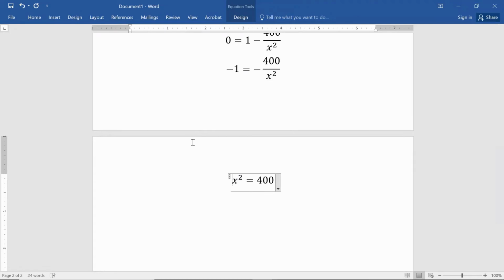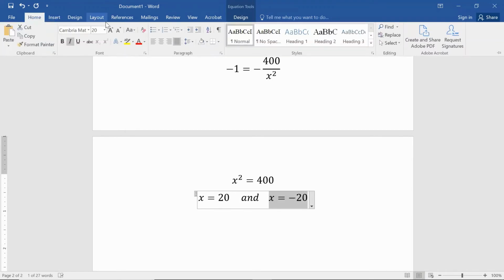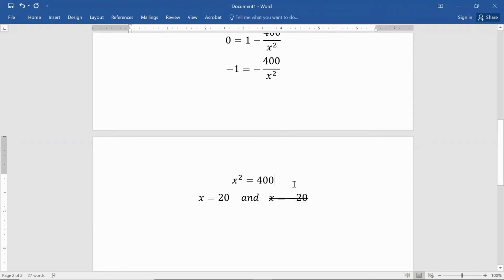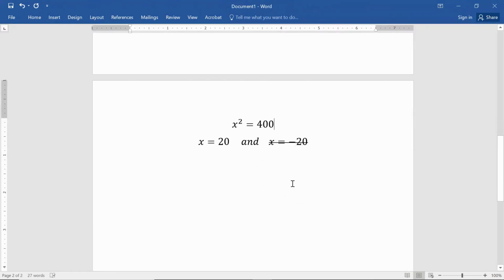I take a square root of both sides. Now, normally, I would take both the positive square root and the negative square root in a mathematical equation. But in the context of this problem, it says assuming that X and Y are positive. So it's assuming my numbers are positive. Therefore, the only answer that works is 20.